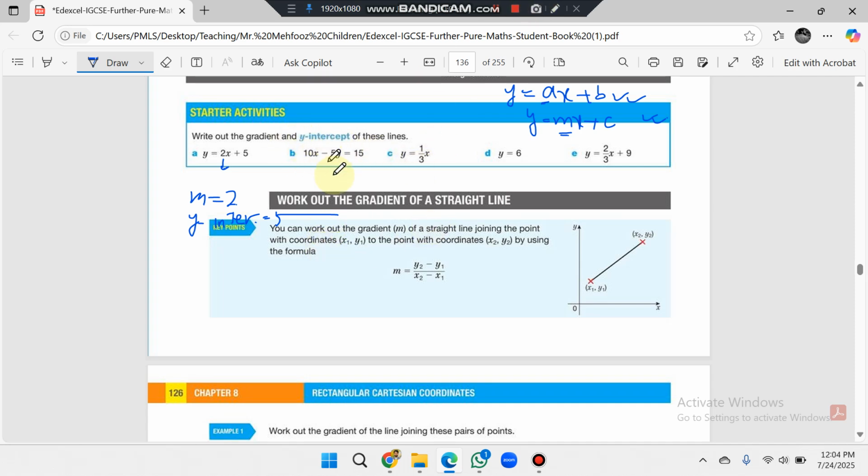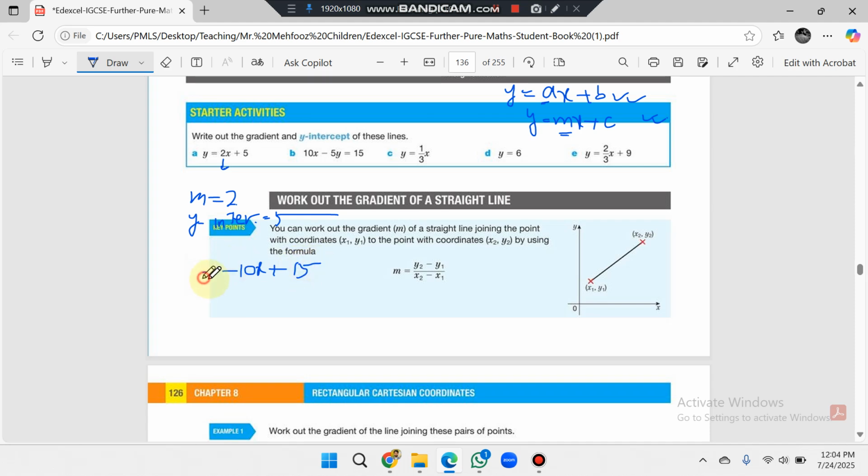You can see that here we have 10x minus 5y equals 15. First of all, we have to convert this equation into the simple general form. Here 10x goes to the other side and becomes minus 10x, plus 15 is as it is.